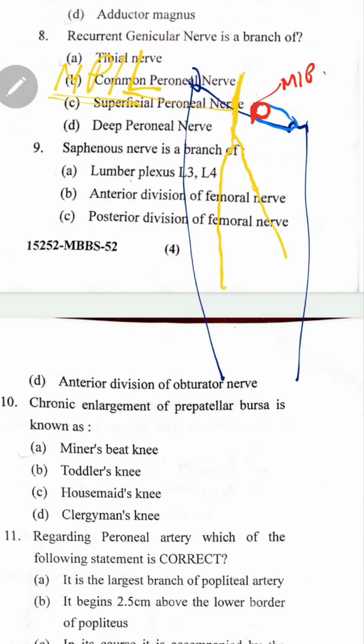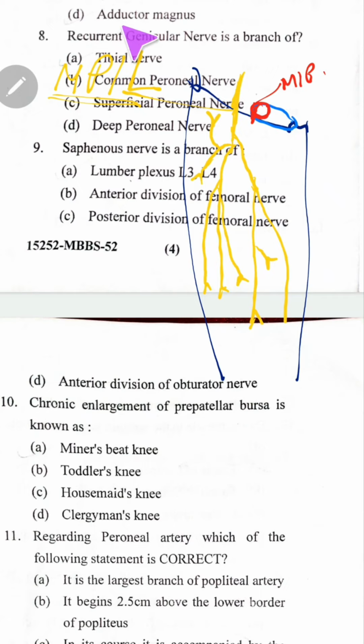Of course, the medial cutaneous nerve of the thigh and the intermediate cutaneous nerve of the thigh, and this intermediate will give a branch to sartorius also. The deeper branch is muscular. It gives branches to rectus femoris. Remember, the nerve to rectus femoris will also give a branch to the hip joint, and it will give branches to the three vasti: lateralis, medialis, and intermedius.